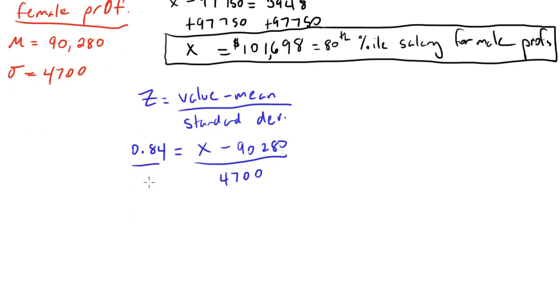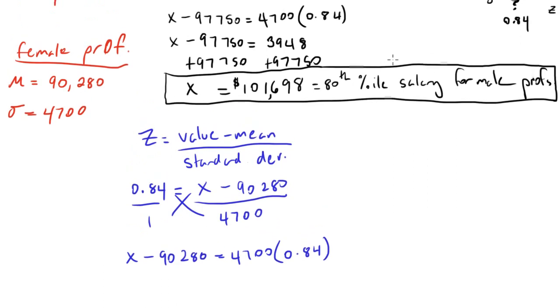Same strategy to solve. I'll cross multiply. X minus 90,280 equals 4,700 times 0.84. That's the same multiplication I did up here, so I don't have to do that again. That's 3,948.